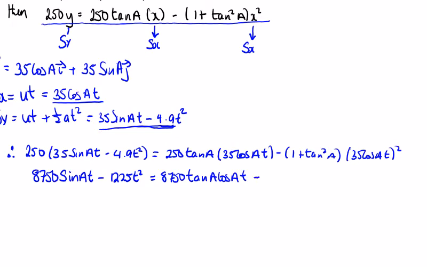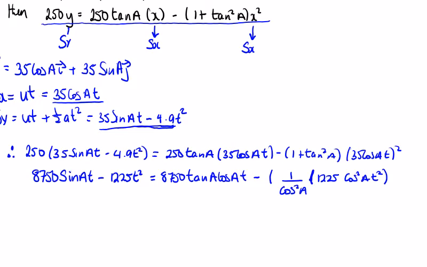I think it might be easier to change this one. We can see there's no tan on the left, so I think I need to change this 1 plus tan squared to, we know that's equal to 1 over cos squared from our tables, and that's going to be multiplied by 1225, which is 35 by 35, cos squared alpha t squared, and my cos squared will actually cancel here now.